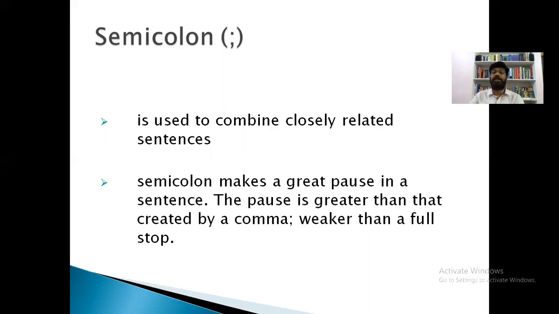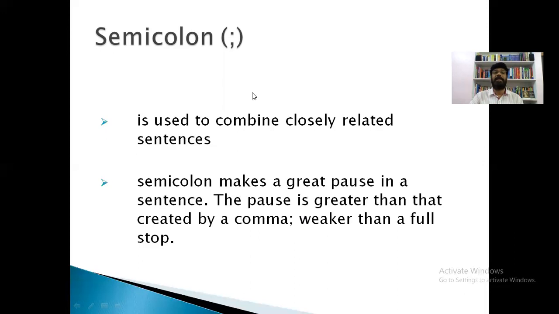Semicolon is also used for giving a break or pause, but the pause of semicolon is greater than that of a comma, and it is weaker than a full stop.